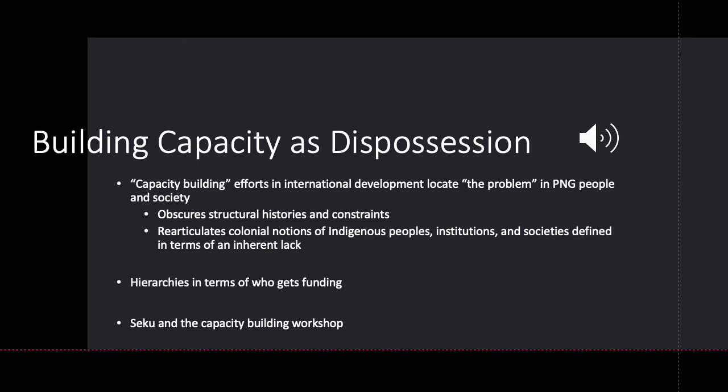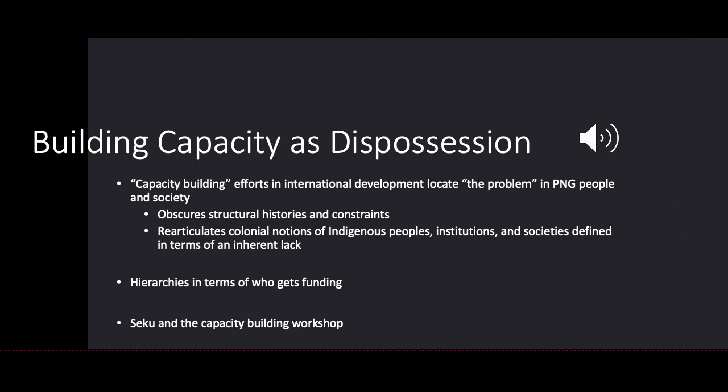And the reason for that is because they don't think this organization has enough capacity when compared to a larger international organization, right? They don't have the same organizational infrastructure to get projects done. And so they don't get grants, and the grants go to these international developers.